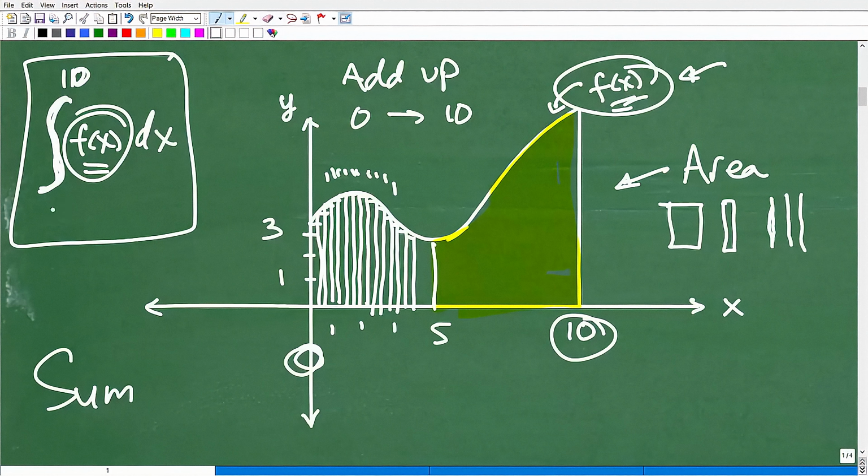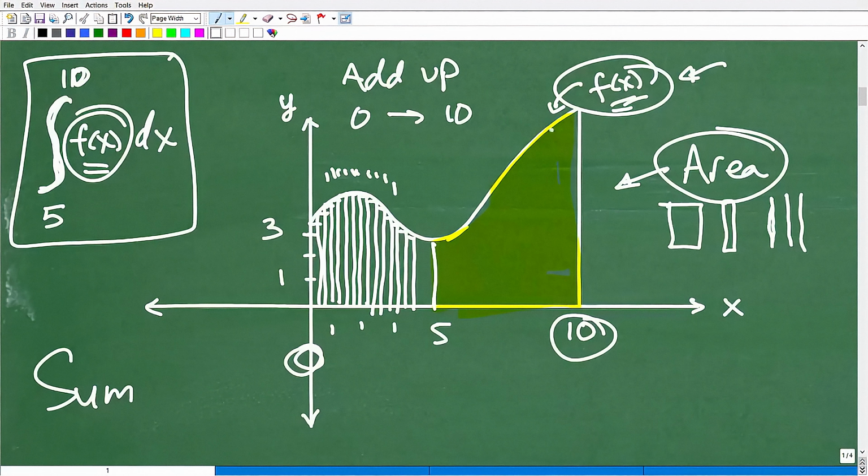I would put a 5 right here and a 10 right there, and there you go. Now, how we actually calculate this mathematically is a little bit more involved, not much more, but if I wanted to make this video longer, I could teach you how we calculate this. But I just want you to understand the basic concept of calculus, this notation. It boils down to finding the area of any crazy shape that you want, okay?